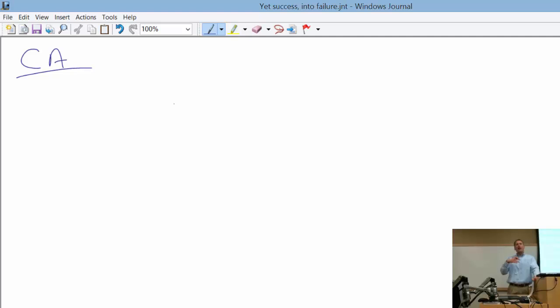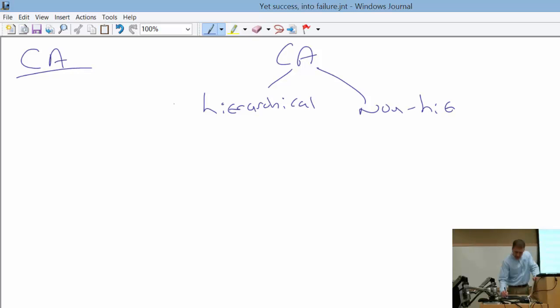Understand the hierarchy in terms of the various methods for cluster analysis. So if I had cluster analysis here, there are 3 different ways to do cluster analysis. There's hierarchical, there's non-hierarchical, and then there are what are called model-based approaches.